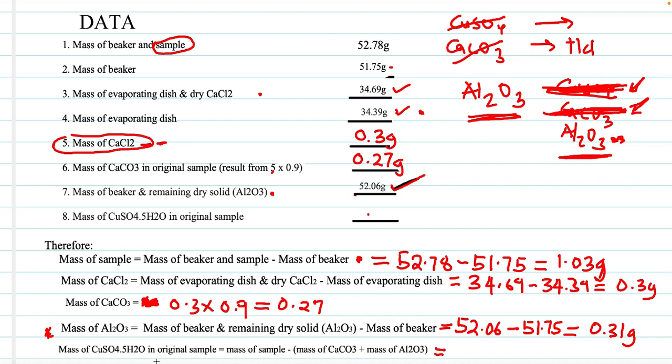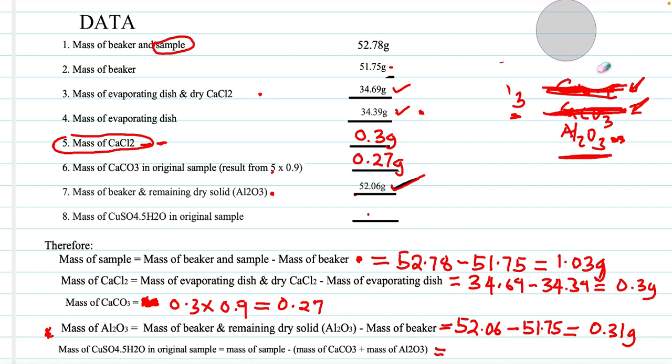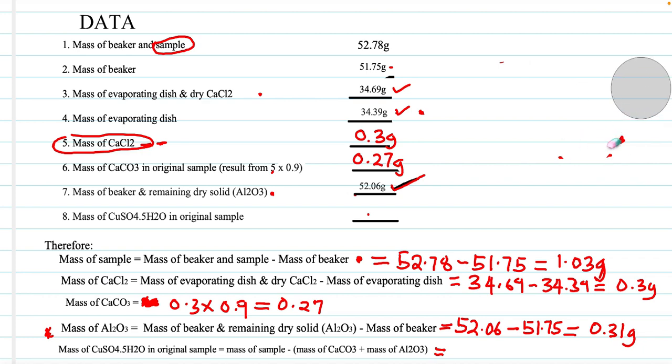Now remember, in the mixture, sorry, let me come back here again so that you understand very well what we have here. Now the mixture comprised of CuSO4 plus Al2O3 plus calcium carbonate.